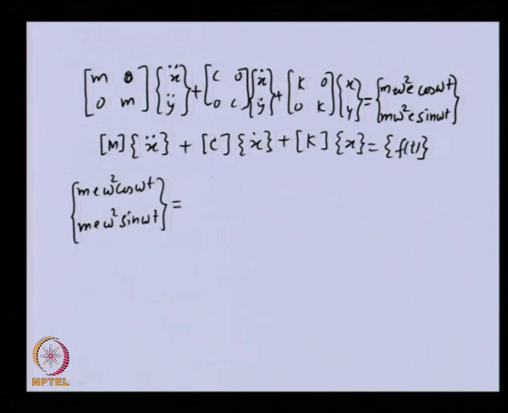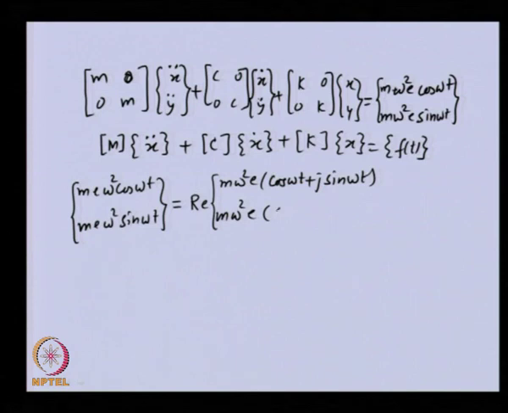Now, this can be written as, let us say, real part of m e omega square into cos omega t plus j sin omega t. So, that means we are interested in the real part only, the imaginary part we are just adding for our convenience. Then second is sin omega t, and here we are adding j cos omega t.